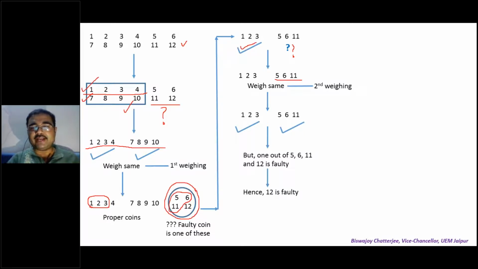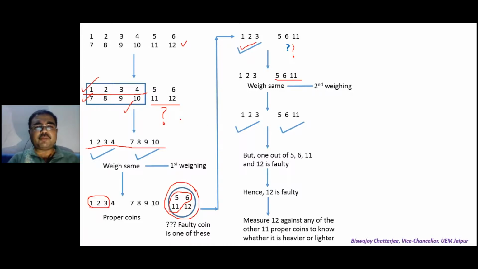But wait a minute. Yes, it is faulty, but is it heavier or is it lighter? How can you measure that? It's very easy. Now you measure 12 against any of the other 11 proper coins. You know 12 is faulty, but 1 to 11 all are proper. Choose any proper coin out of 1 to 11 and measure 12 with it to see whether 12 is lighter or heavier. If 12 is lighter, the weighing scale will show.